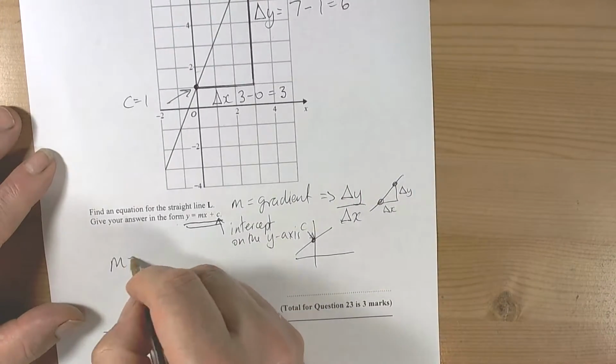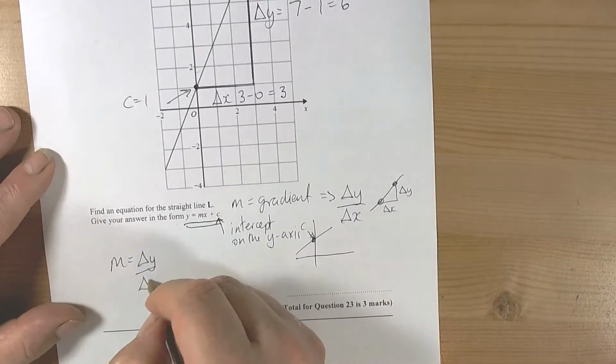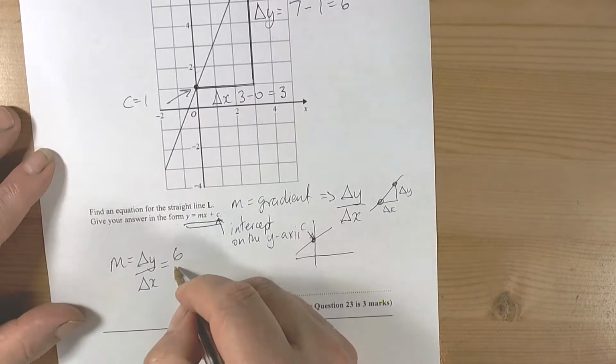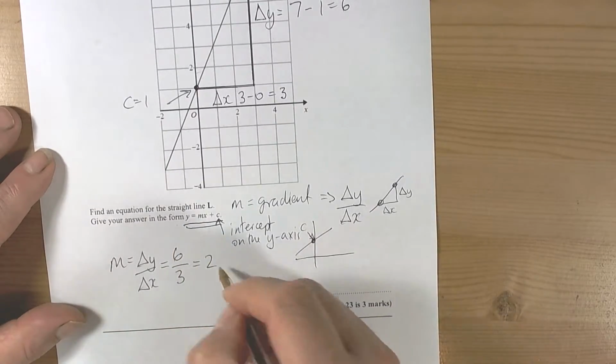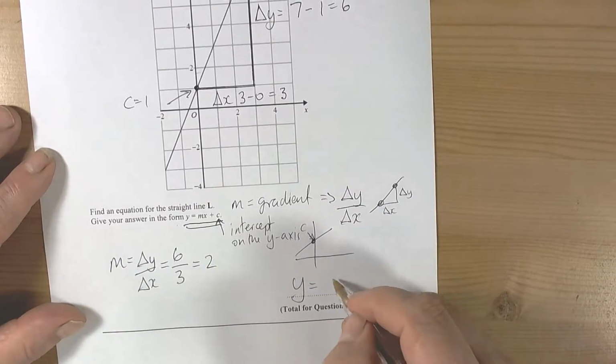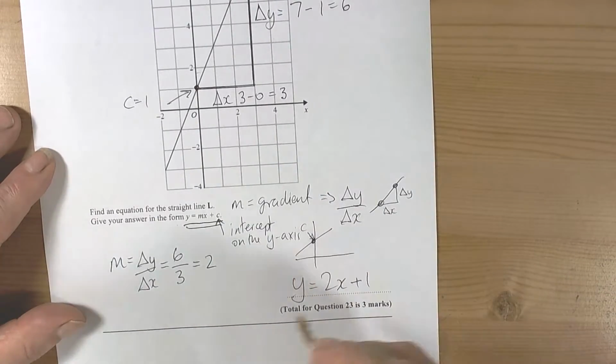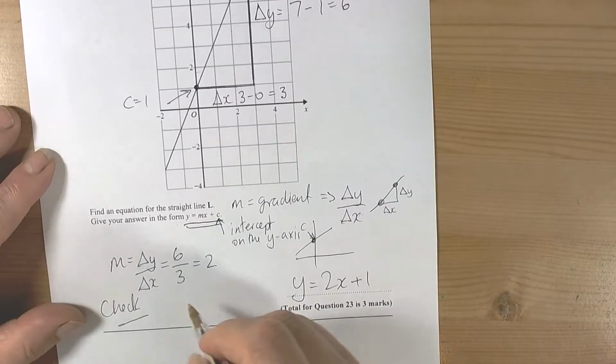So the gradient is equal to the change in y divided by the change in x, well, that's 6 divided by 3, which is 2. So our equation then is y equals 2x plus 1, and we check.